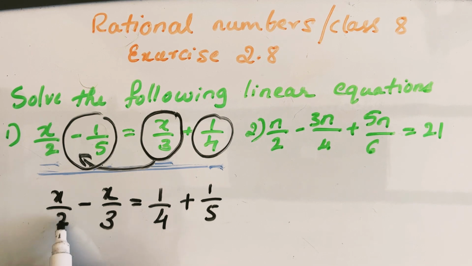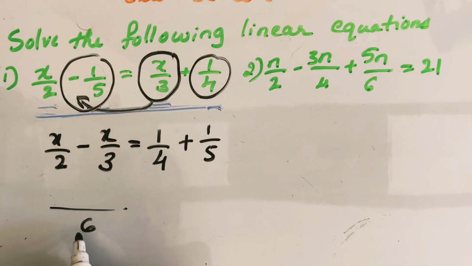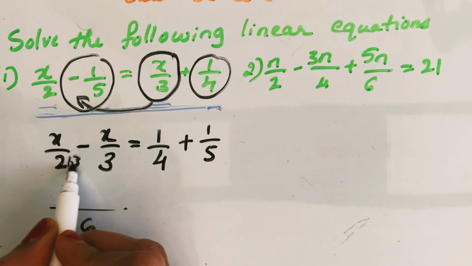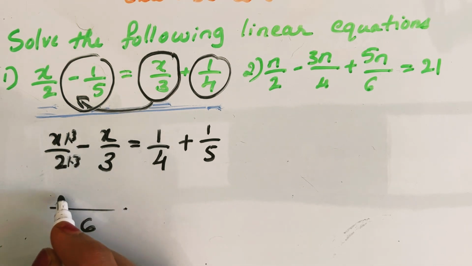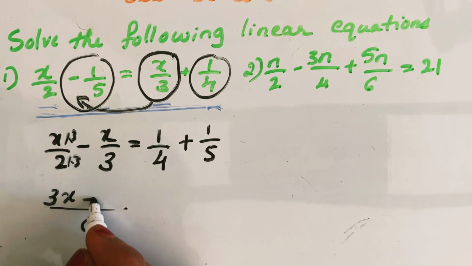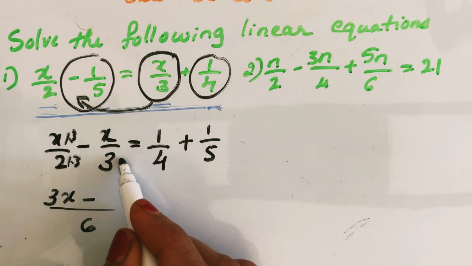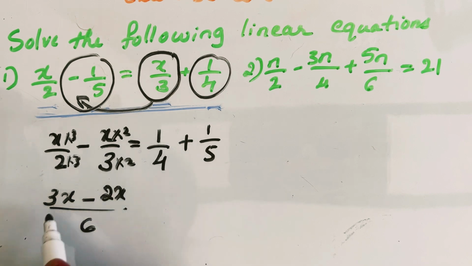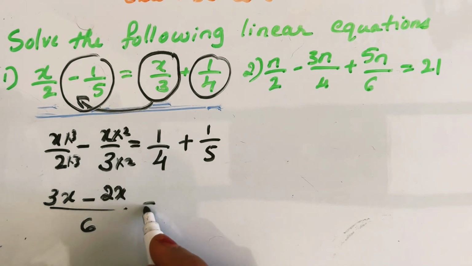Here, denominators 2 and 3. So LCM is 2 times 3, which is 6. So this is 3x minus 3 times 2, so 2x.